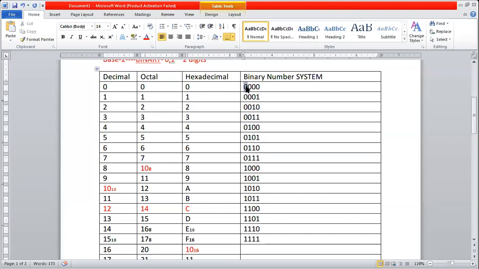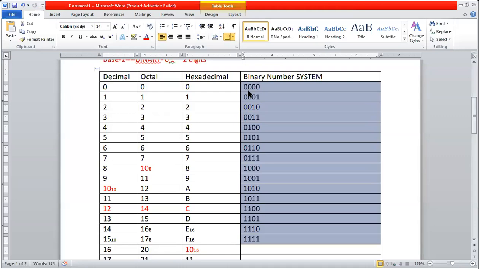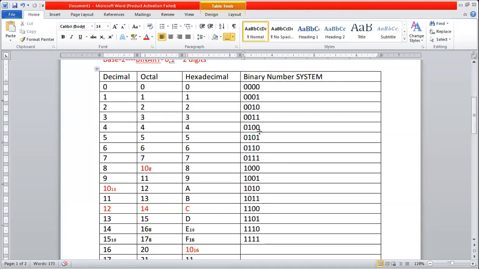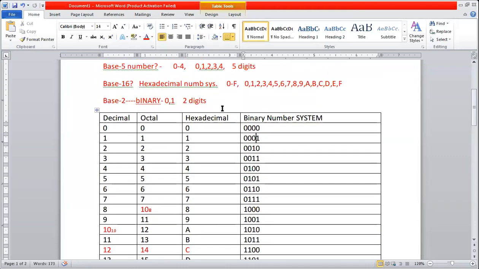And again the fourth bit is also varying, 8 times 0, 8 times 1. So this complete number system is varying only in 2 digits, 0 and 1.